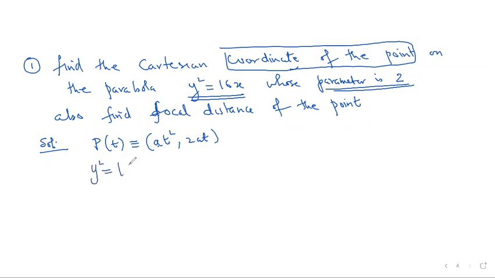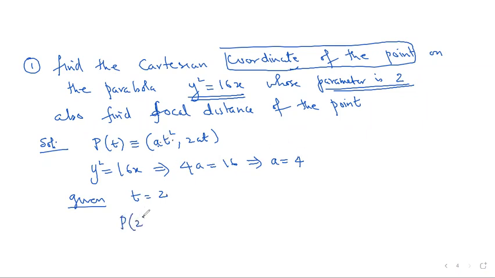Now you tell me what is a's value and what is t's value. Y square is 16x, implies 4a is 16, implies a is 4. Given to you, t's value is 2. So just substitute a as 4 here, t as 2 here.